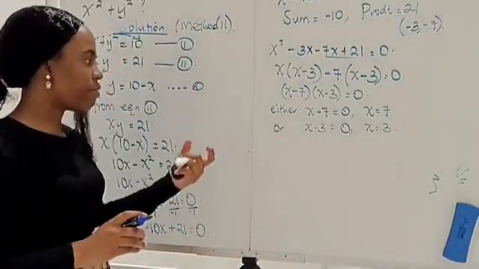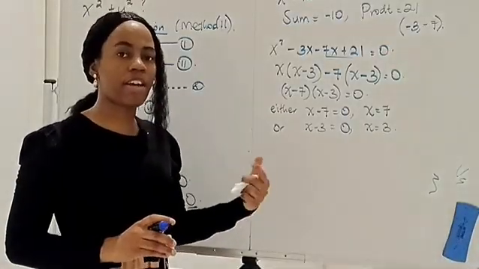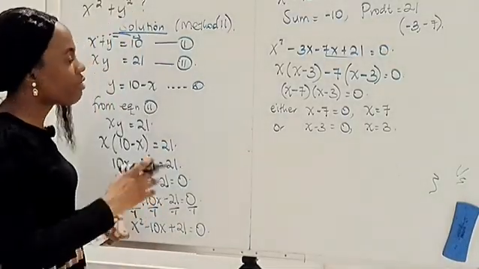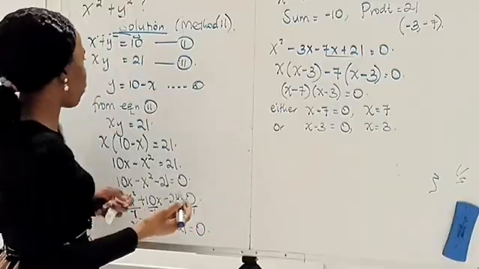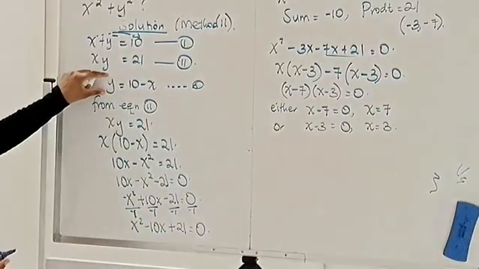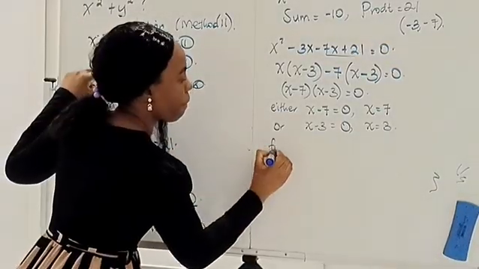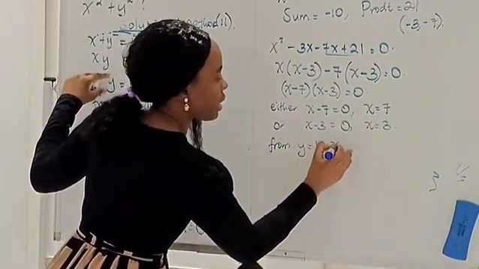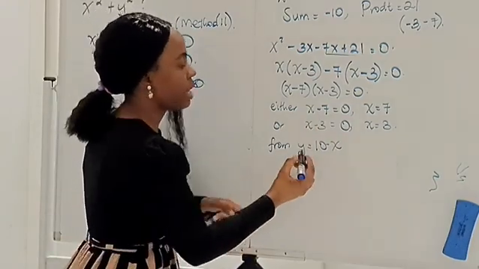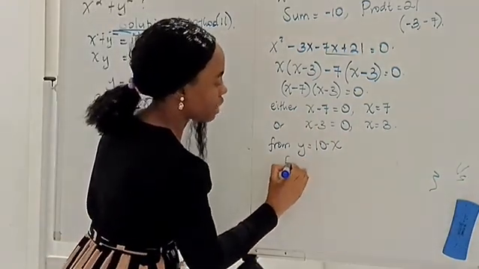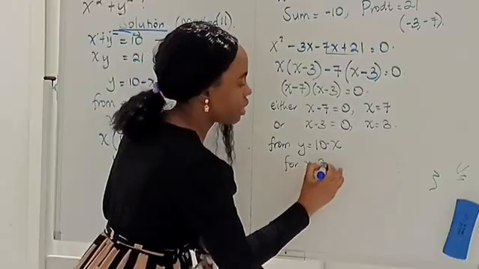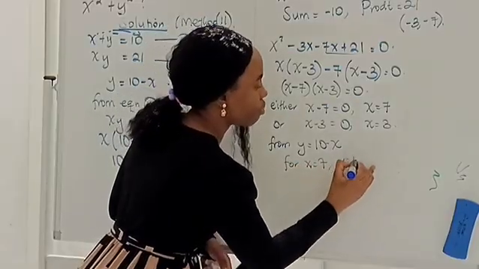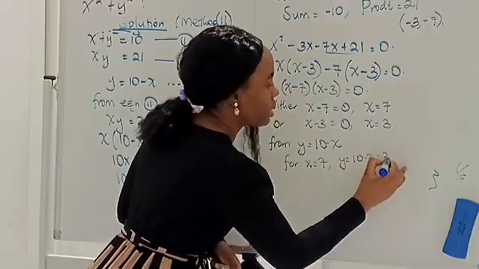Now after getting the values of x, find the values of y. Now if x is 7, what about y? Use this equation. So from your y, which is equal to 10 minus x, you just substitute x equaling to 7, my y is going to be 10 minus 7, which is 3.